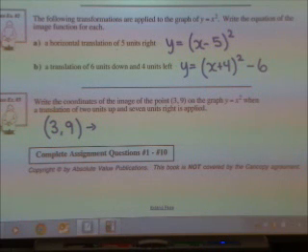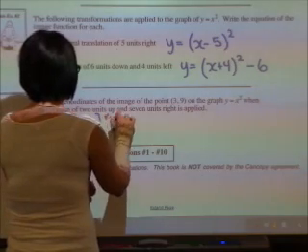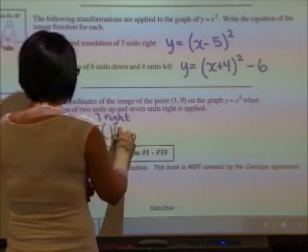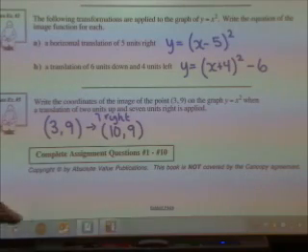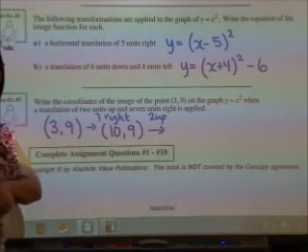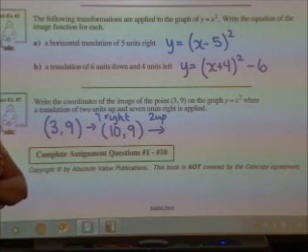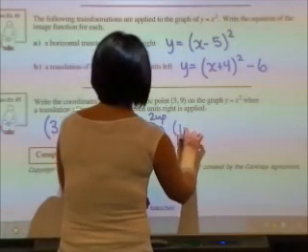Where would I be at? I'd be at 10. So 7 to the right would put me at 10 and 9. And then if I move 2 units up, where would I go? 10 and 11.